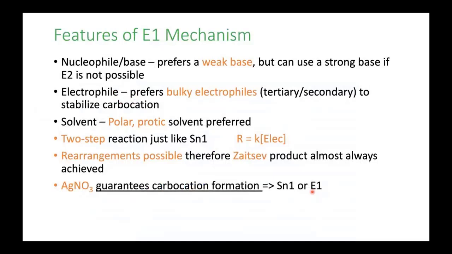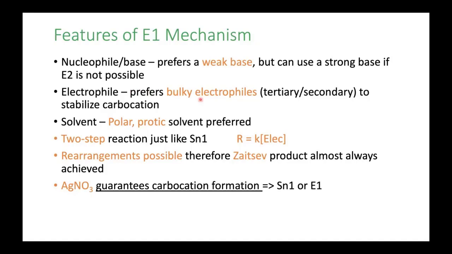So the features of the E1 mechanism. For its nucleophile or base, it prefers a weak base, but sometimes it can use a strong base, and this will be only when E2 is not possible and SN2 is also not possible. This is a very rare instance where you do an E1 mechanism with a strong base, but when we go over E2 and the limitations for that mechanism, I can touch on that more.